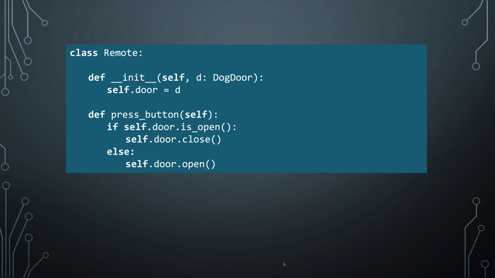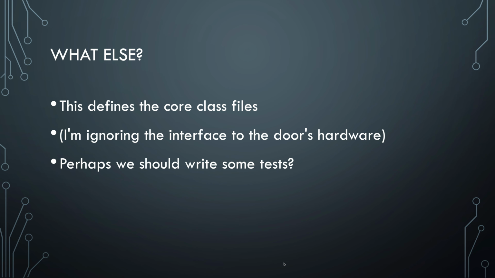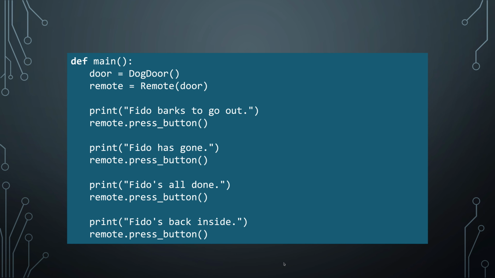Secondly, we have the remote class with the pressButton method that either opens or closes the door. Let's also write a test program so we can see how to use these 2 classes and their methods. Here's a few lines of code that tests the system. We create a dog door and a remote, and we press the button a couple of times to see what happens.